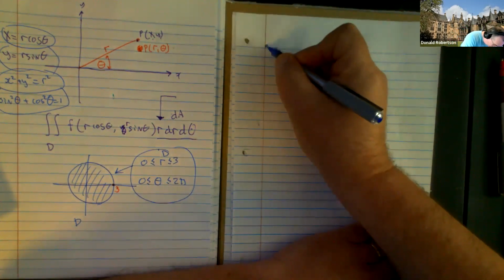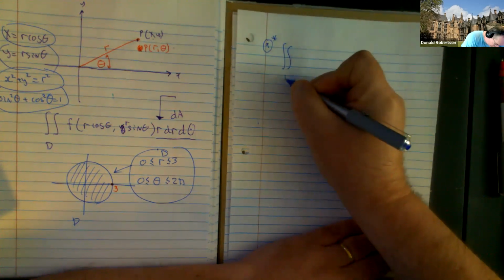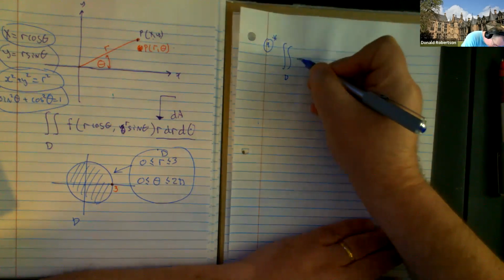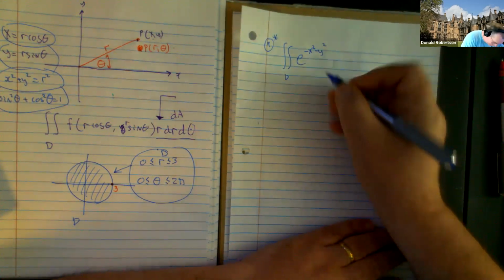Let's do an odd one, just to be different then. This is question 9. We have a region, and the thing we're going to integrate looks quite weird.